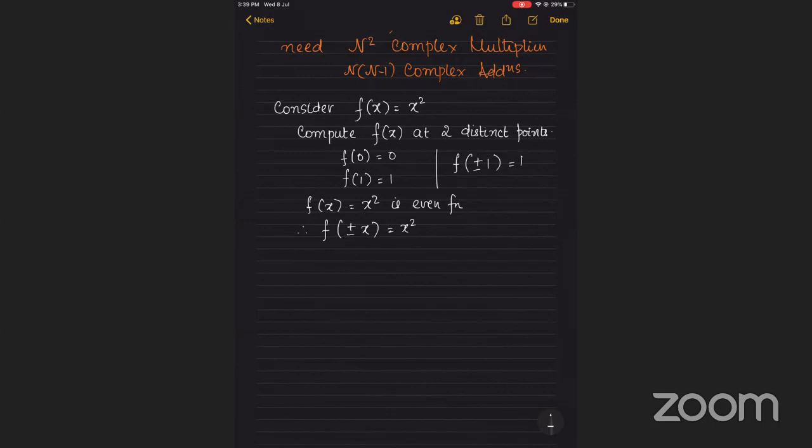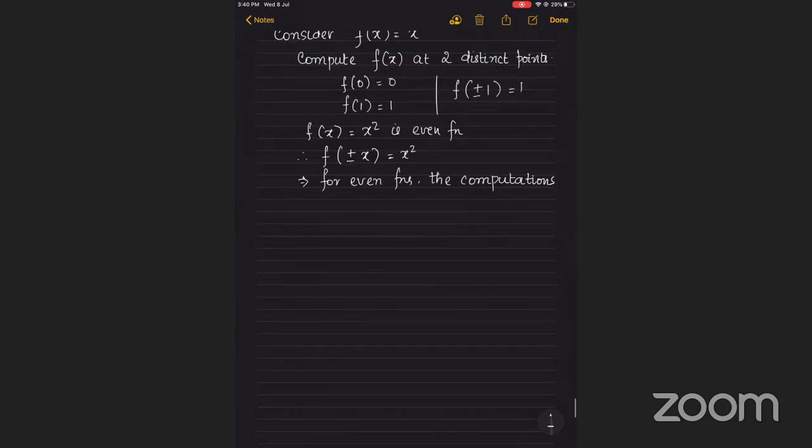If I tell you to do computation at 2 distinct points, I am actually cheating the system by doing only one computation and then saying I have done 2 computations, because I know f of plus or minus k is equal to k square. So for even functions, the computations reduce by 50%. Straight away, the computations reduce by 50%.